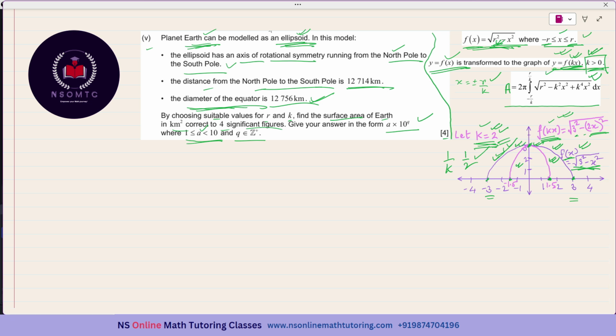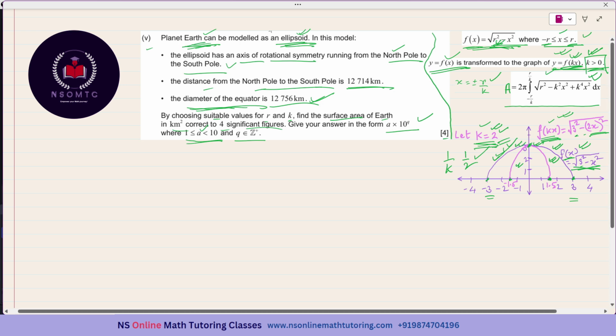So if we consider the earth to be a perfect circle, that means we will be starting with the semicircle. Its diameter is 12,756. So what will R be?